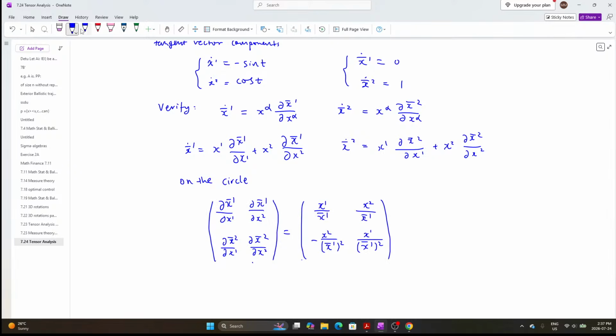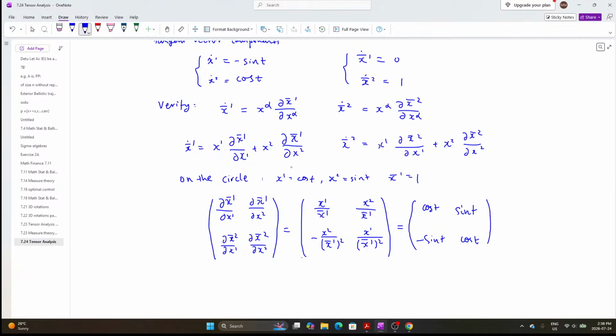So basically, you substitute: x1 is just cosine of t, x2 is sine of t, and x1 bar is constant 1. All right, so the first entry is cosine of t, second is sine of t, minus sine of t, and you get cosine of t. There you go. So you can look up these entries precisely.